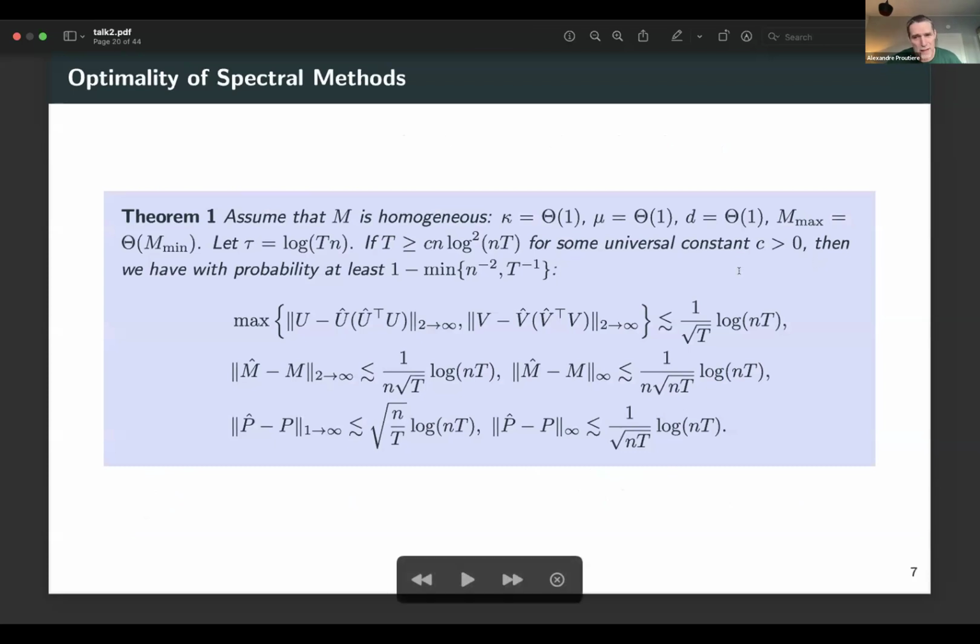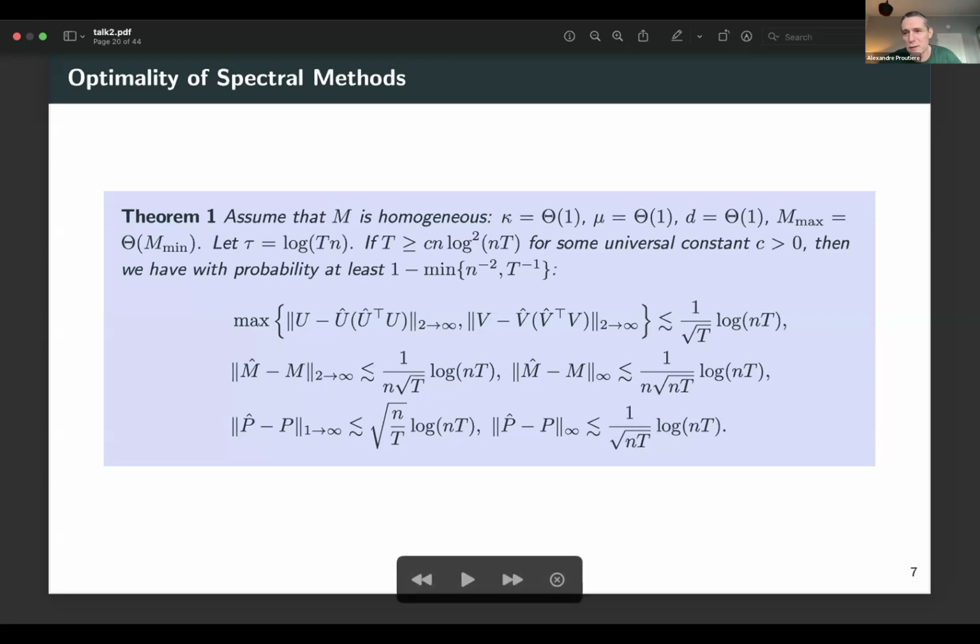And this is an example of our result that we have in the paper. And the slide is called optimality of spectral method, because we can prove that the guarantees that we have here are kind of minimax optimal.